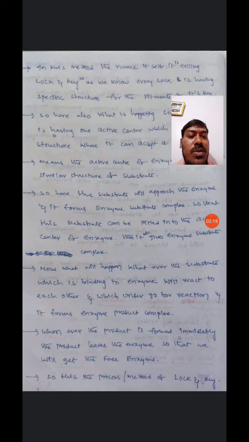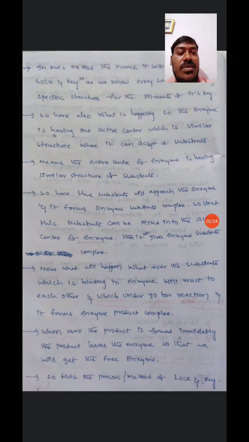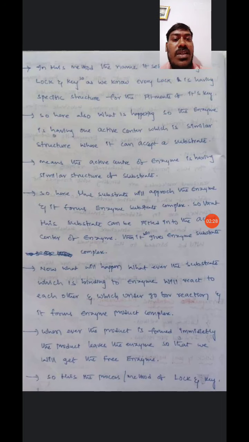So in this method the name itself is telling: lock and key. As we know, every lock has a specific structure for the fitment of its key.